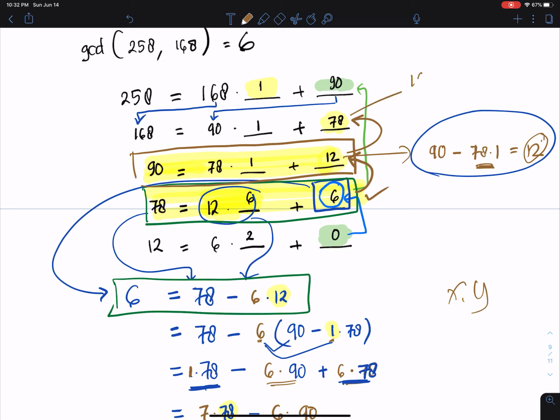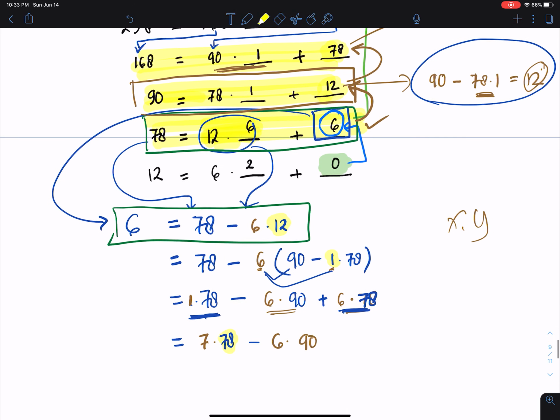That will be 168 minus 190 equal to 78. So this is our 78. Here I change immediately 190, 1 times 90, instead of putting it as 90 times 1 over here. So now we use this row to get the 78.